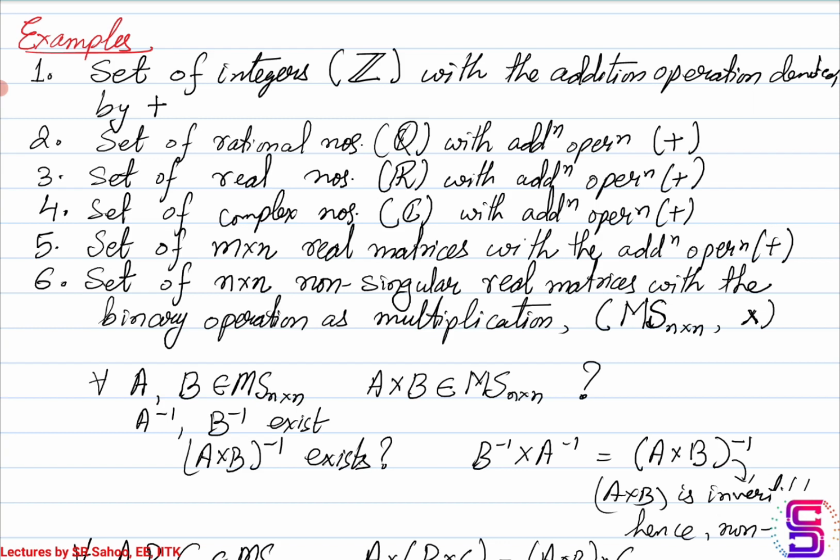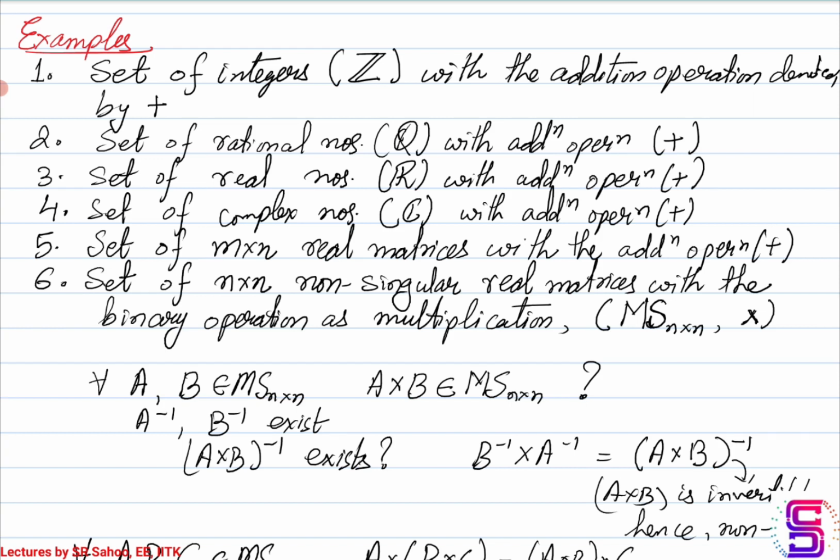So given a matrix, the negative of the matrix when added to it will always give you the identity element, which is the 0 matrix. Okay, so a set of m cross n real matrices under the matrix addition operation is also a group, and this also satisfies the commutative property. So this set of m cross n real matrices under the addition operation is also an abelian group.